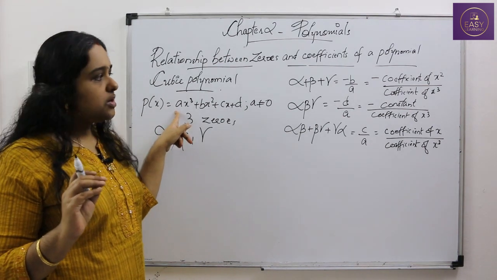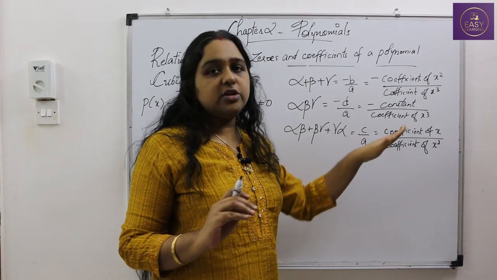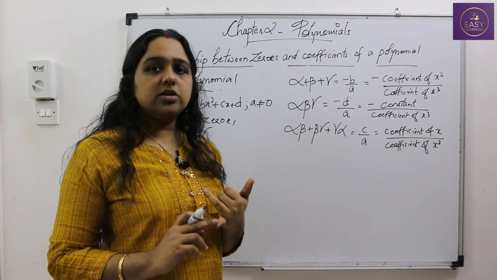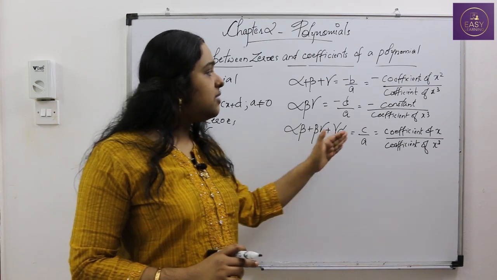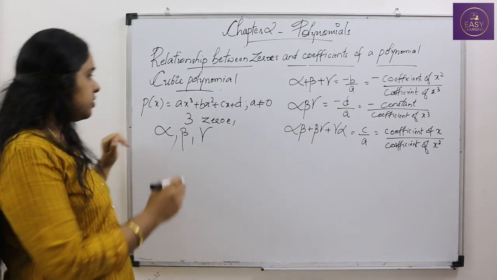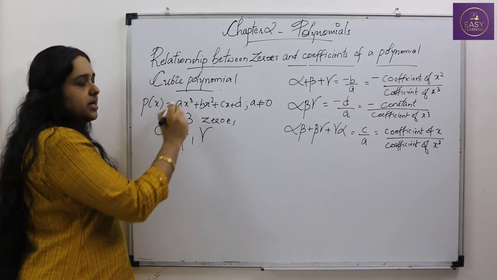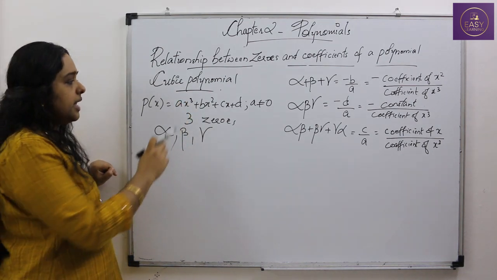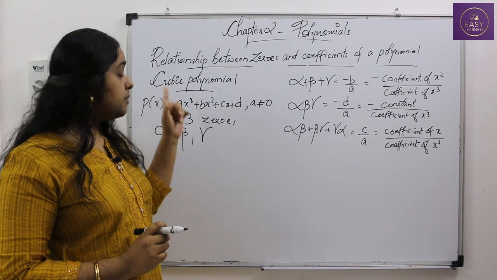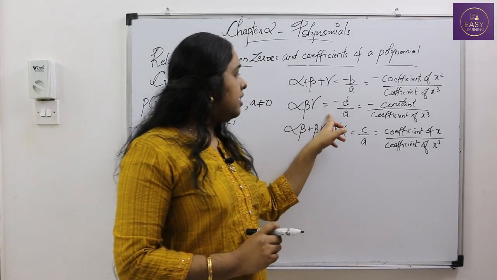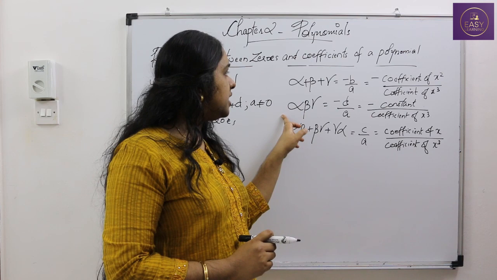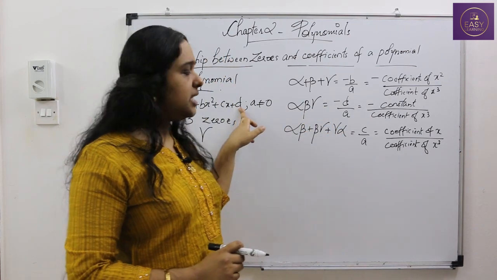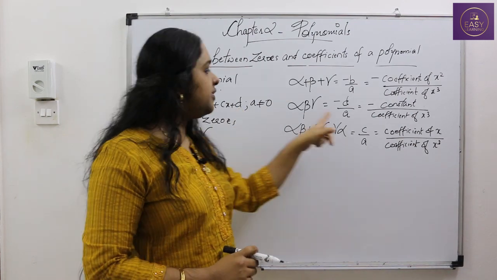I hope you noticed that every time the denominator is the coefficient of the term with the highest power, as for linear and quadratic. The product of zeros, alpha beta gamma, is minus d by a, that is minus the constant by the coefficient of x cube.